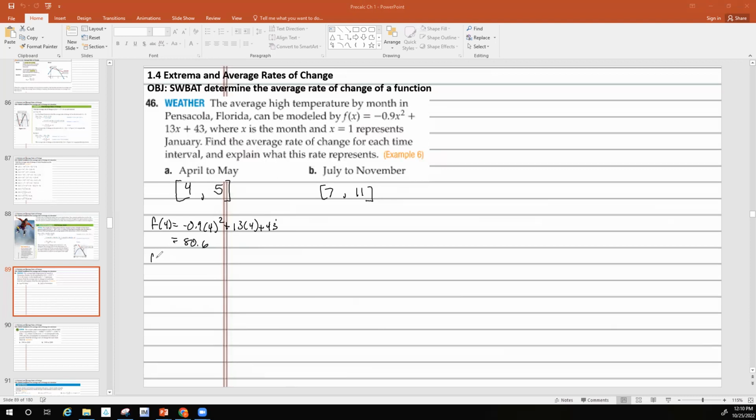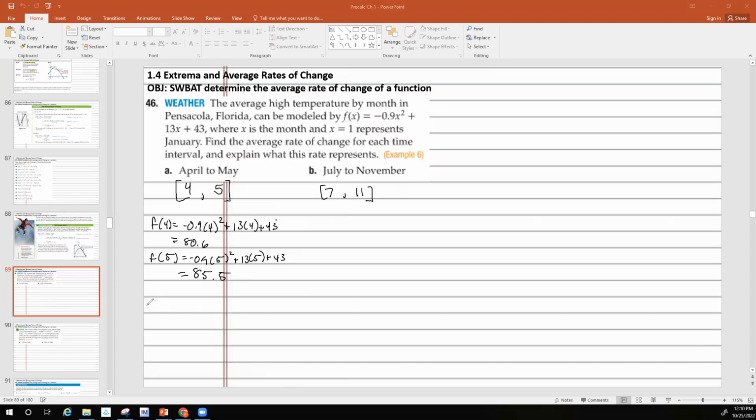Plug in 5: negative 0.9 times 5 squared plus 13 times 5 plus 43. Plug it into Desmos, and you get 85.5.